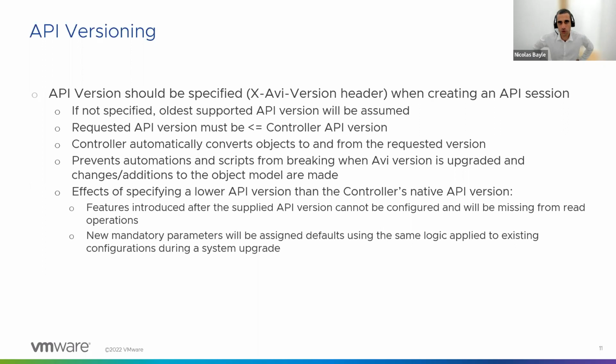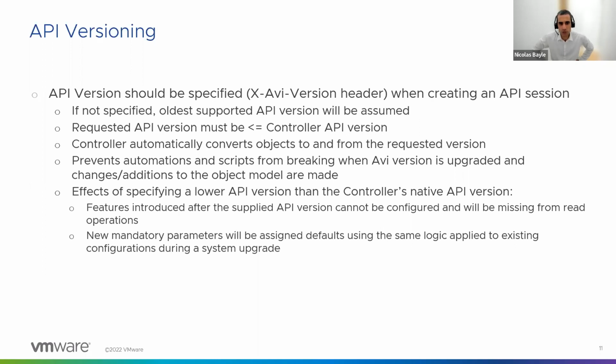Because the AVI controller will see this parameter, it will respond with the same behavior as if it was in 21.1.1. This is quite useful because sometimes you need to upgrade your AVI solution, including your AVI controller, but you are not sure that this new version will work with your automation tools. So you can still upgrade your AVI controller, but from an API perspective, by using this AVI version header, you can say to your AVI controller, I know that you are using 22.1.1, but please behave as if you were in 21.1.1.